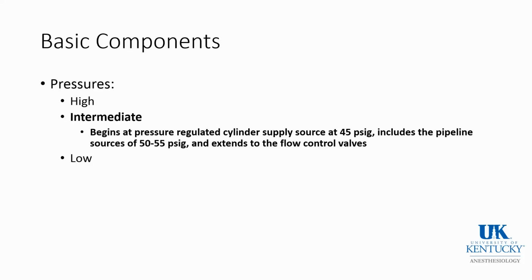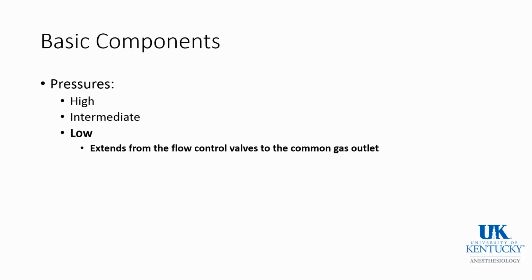The intermediate pressure system begins at the pressure regulated cylinder supply source at 45 pounds per square inch and includes the pipeline sources of 50 to 55 pounds per square inch and extends to the flow control valves. The low pressure system extends from the flow control valves to the common gas outlet.